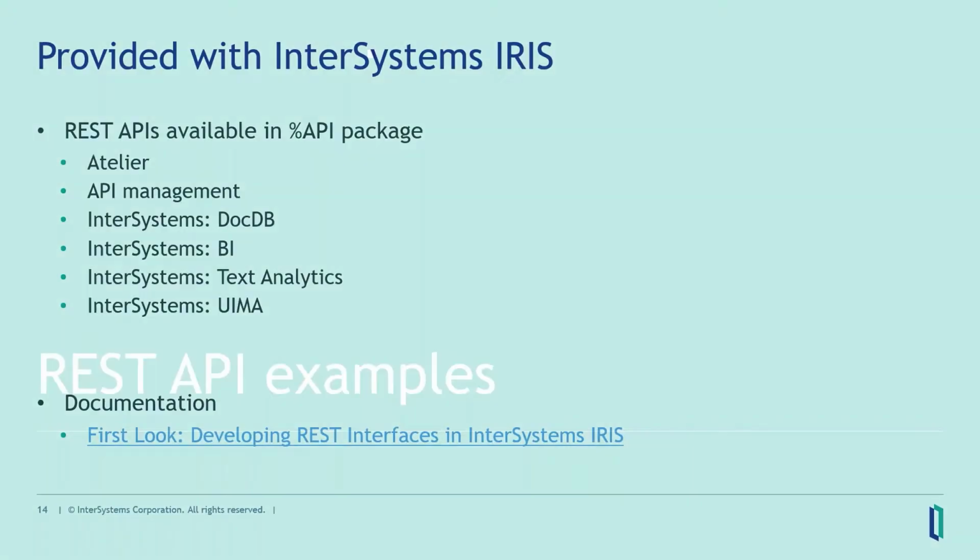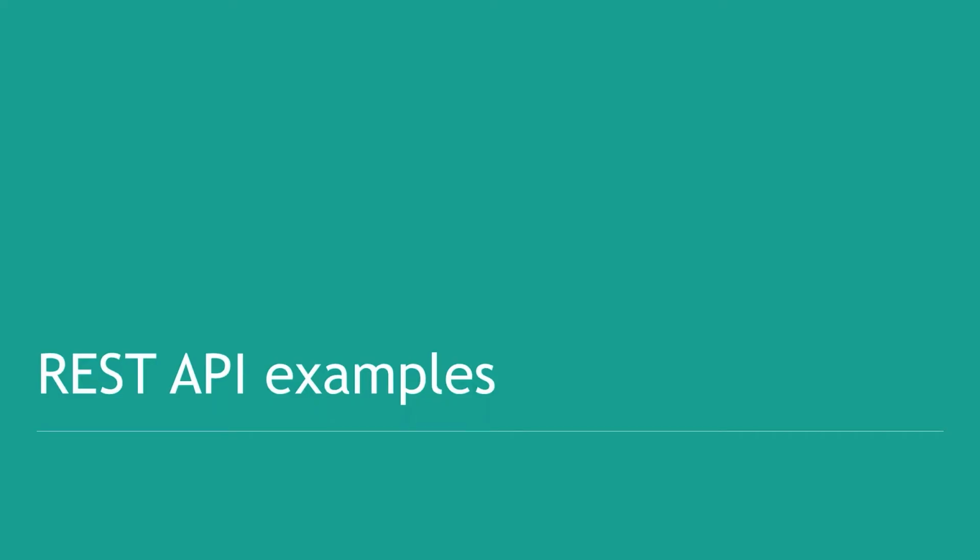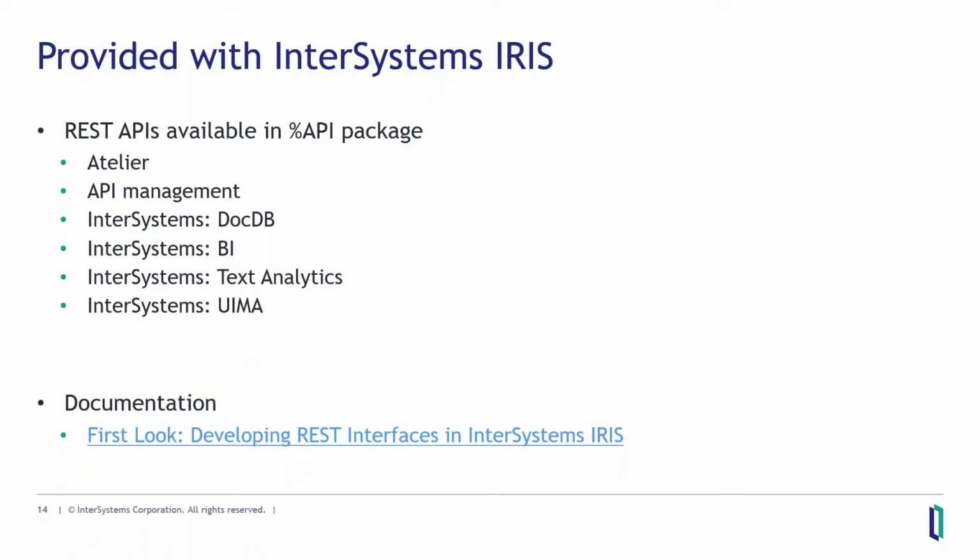I'd like to talk about some REST API examples which are available. First of all, APIs which are available by default with InterSystems IRIS. They all start in the %API package. There are APIs for Atelier, for API management, DocDB, business intelligence, text analytics, and VMA.